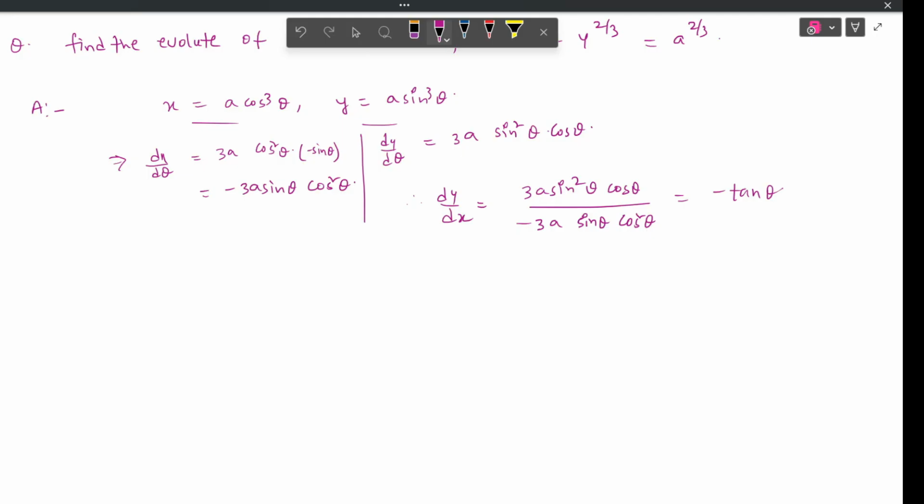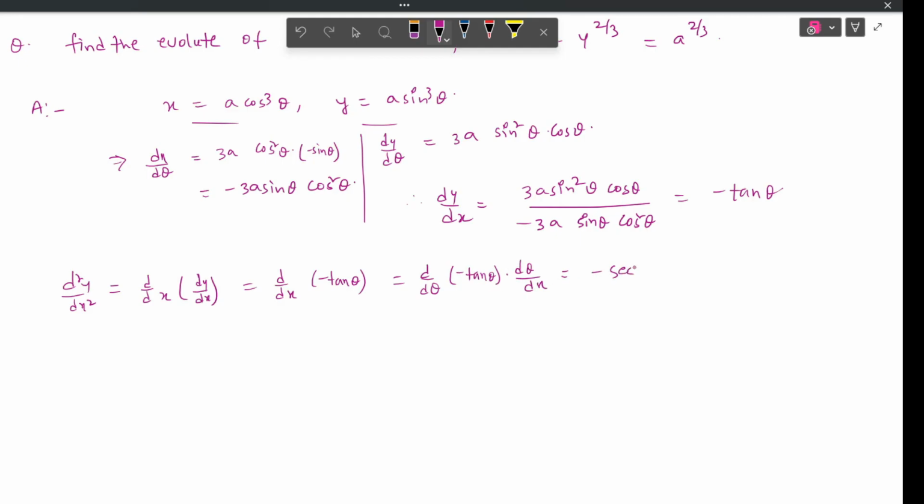So let us find d2y by dx2. We can write this as d/dx of dy by dx. So d/dx of minus tan theta, we have just seen how to solve this: d/d theta of minus tan theta into d theta by dx.